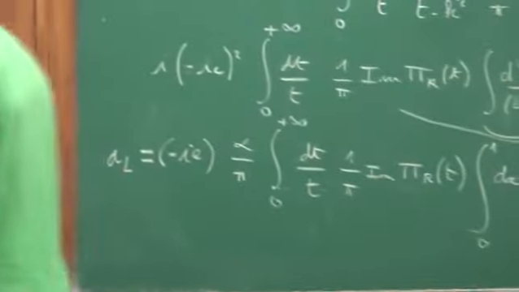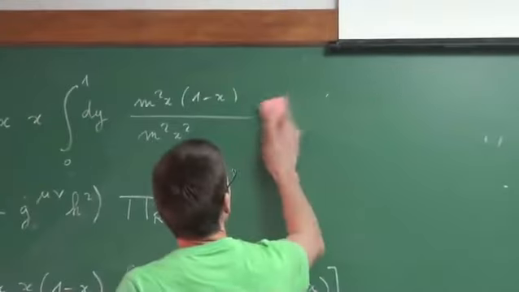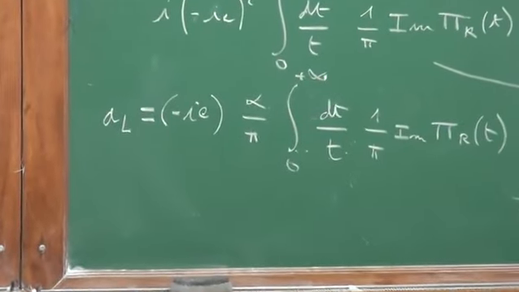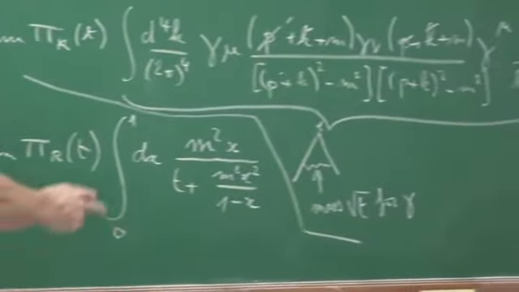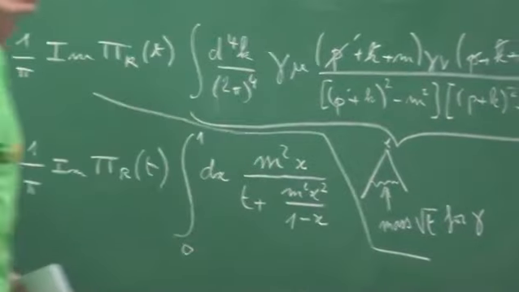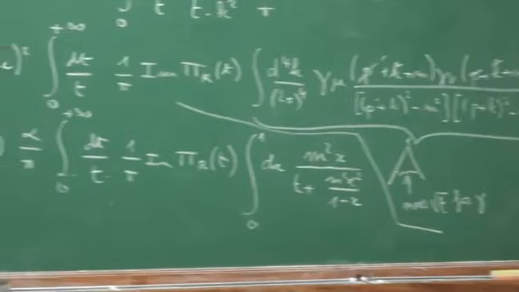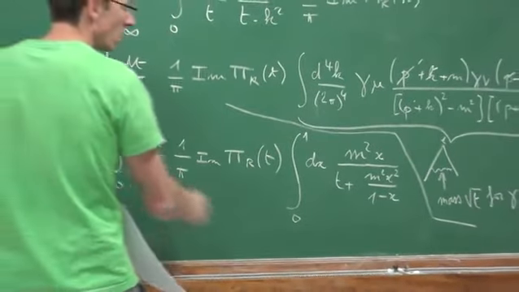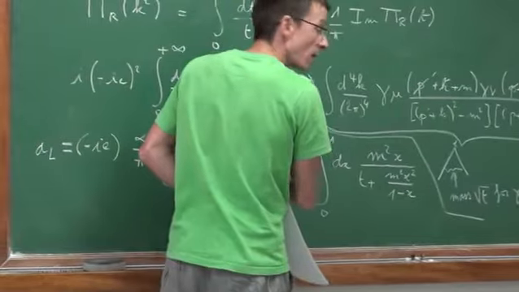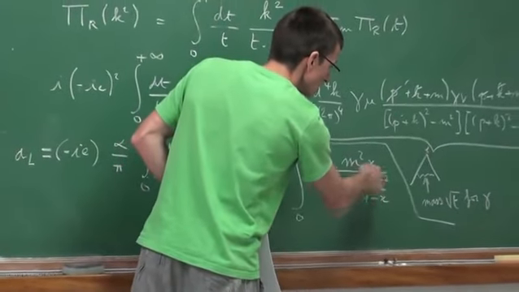Now, this is nothing but, if I take this and put it here, the dispersion operation, with the dependence of alpha given by this here.